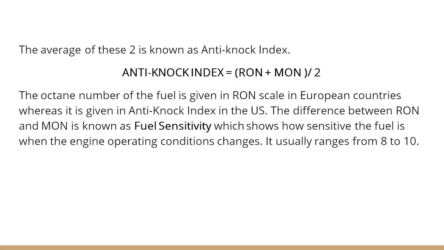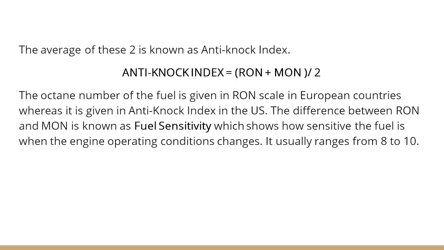The average of these two is known as the anti-knock index. It is given by the formula: Research Octane Number plus Motor Octane Number, divided by 2. The octane number of a fuel is given on the Research Octane Number scale in European countries, whereas it is given as the anti-knock index in the United States.